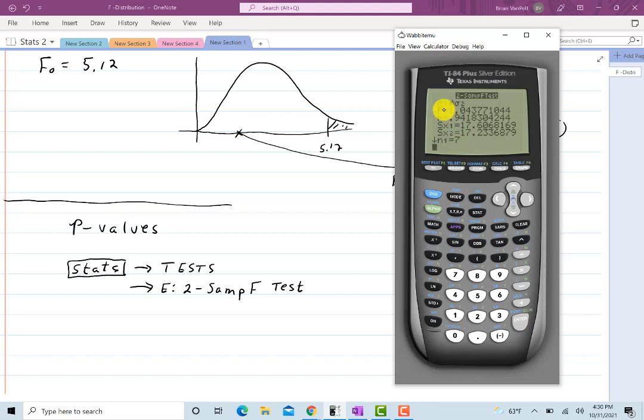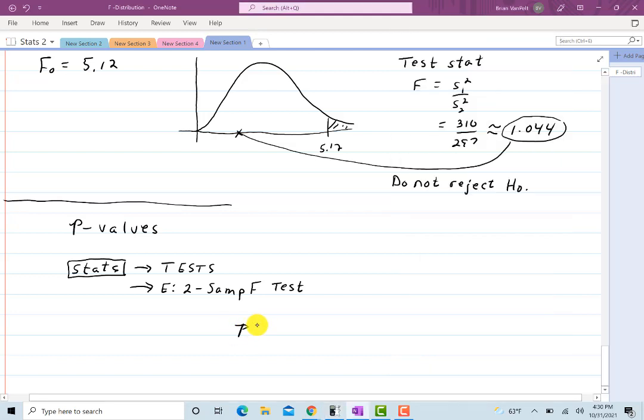And you can see that it gives us the F value that we calculated before, about 1.044. So it will find the test stat for you. And then it will give you the P value, which is 0.941, let's say 0.942. So P is approximately equal to 0.942.